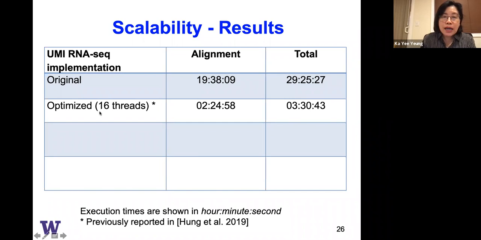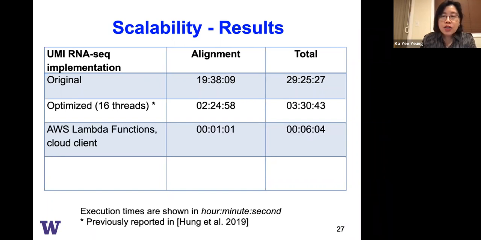And the optimized workflow that was previously published in 2019 in the Bioinformatics journal, we optimized down to 3.5 hours for the entire workflow, and the alignment takes roughly 2.5 hours. This also used EC2 instances and 16 threads.